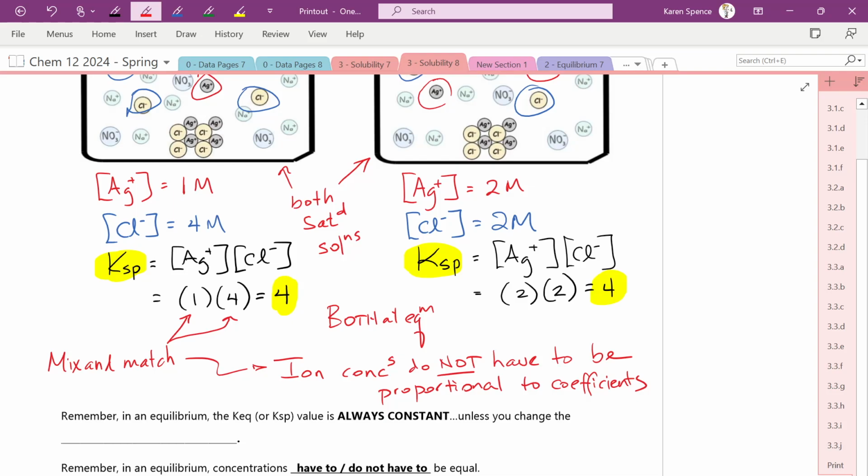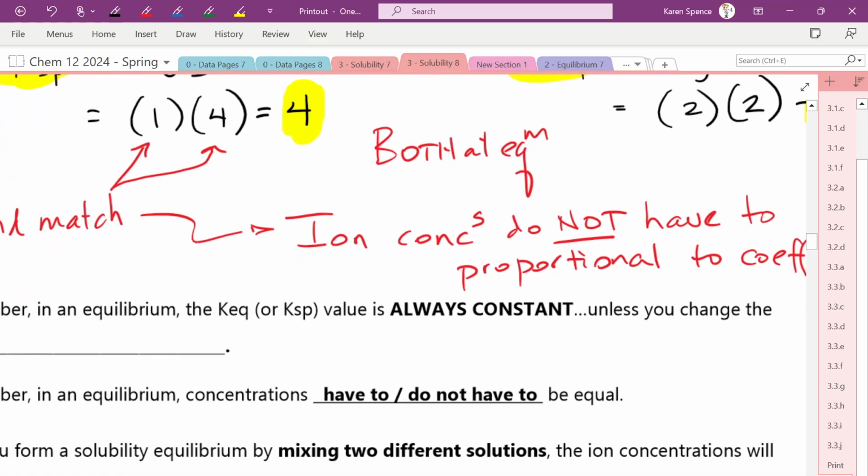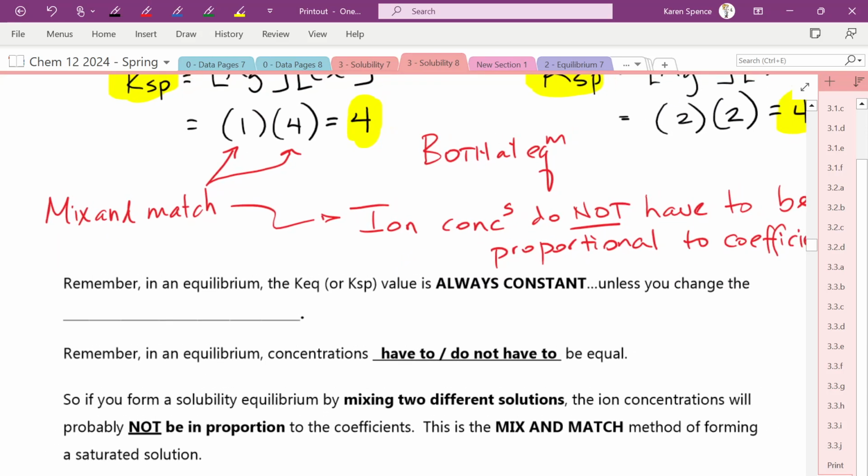Now, remember, in an equilibrium, KEQ, or in this case, KSP, is always constant unless you change the temperature. In an equilibrium, do the concentrations have to be equal, or do they not have to be equal?